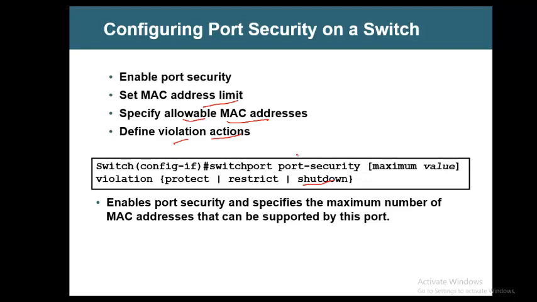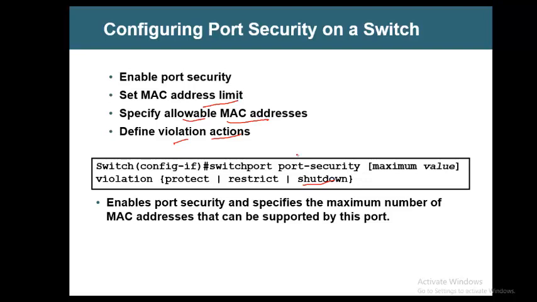When you say no shutdown, again, if it finds 4 MAC addresses, it will go down again because you have set the limit to 3. Then you need to go and say shut and no shut again. You can also automate this by enabling something called error disable recovery, which we'll see later.